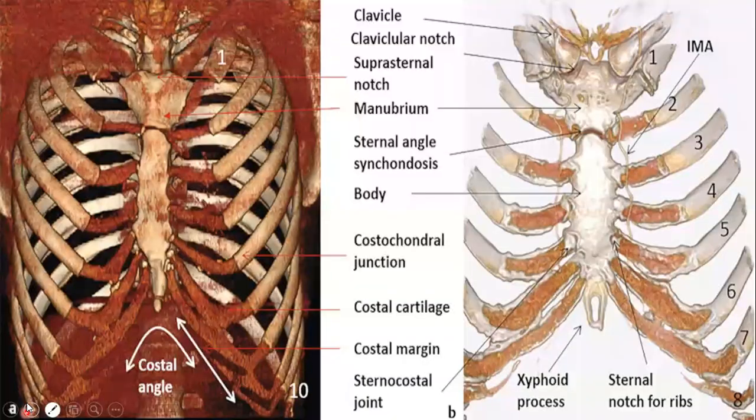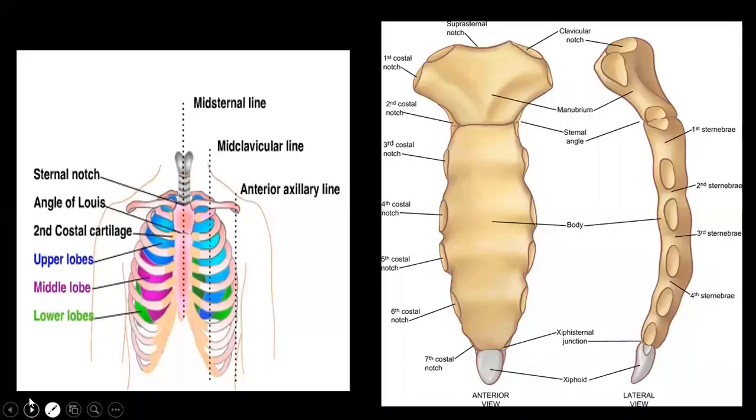sternebrae. When we talk about ridges, here is a beautiful diagram you can see over here. In the body we have sternebrae; these ridges indicate the line of fusion of four small segments called the sternebrae. So we have four sternebrae in our body.